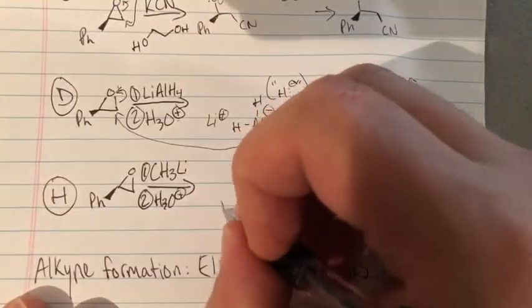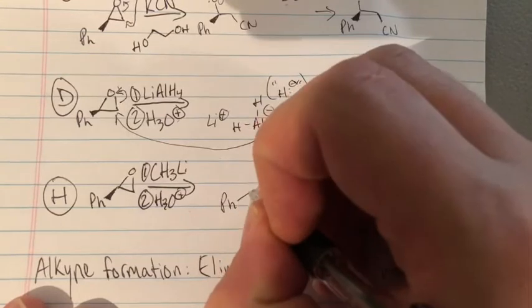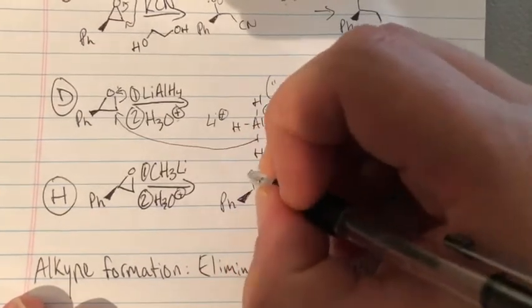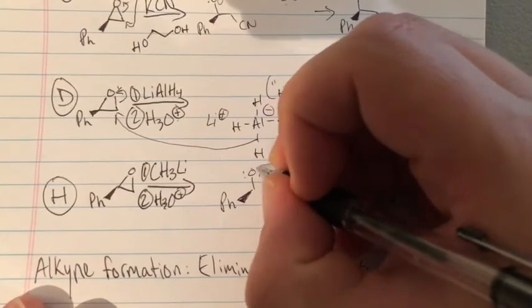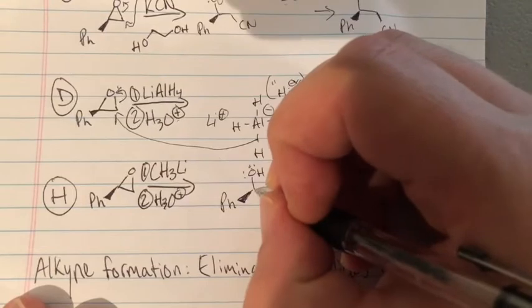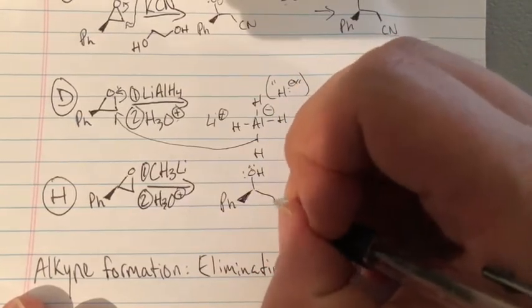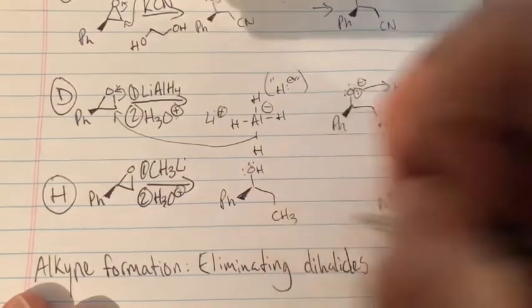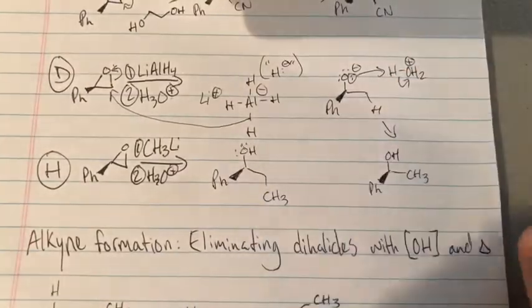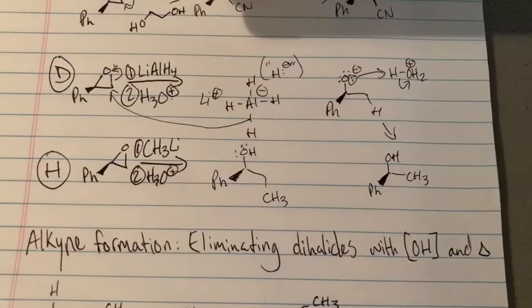Last one. I'm just going to draw the product. You can kind of guess what's going on from here. So those are almost in the same plane like you would think of, say, a good E2 substrate, right?